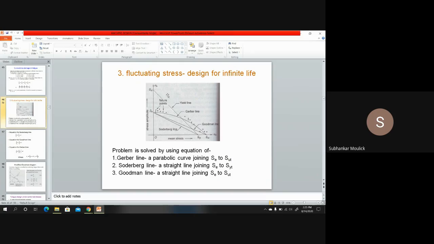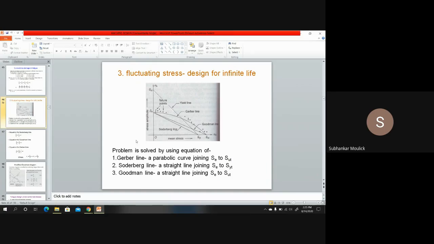In that case, your body will fail in fatigue failure, and I say that the body is failing at the endurance limit point. So SE is the endurance limit point, and SYT, if the material is ductile in nature, is the yield point, and this endurance limit is always lesser than your yield limit.